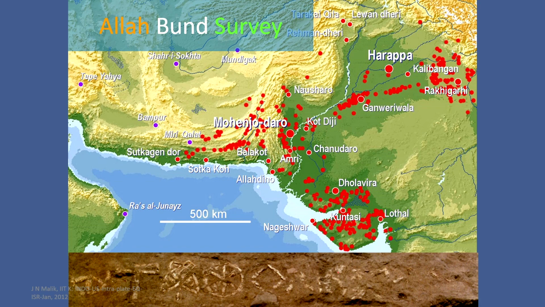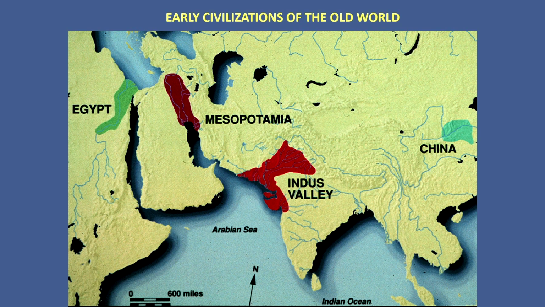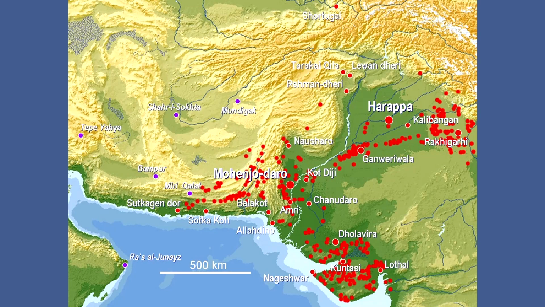So Dholavira, as I told you, was one of the best well-planned cities, and the Indus Valley civilization was quite widely spread in this region, other than the Mesopotamian and the cultures in Europe and all that. Okay, and this is what we have.